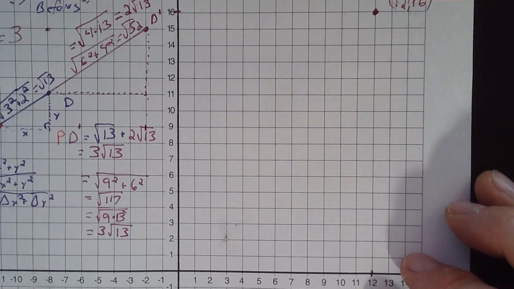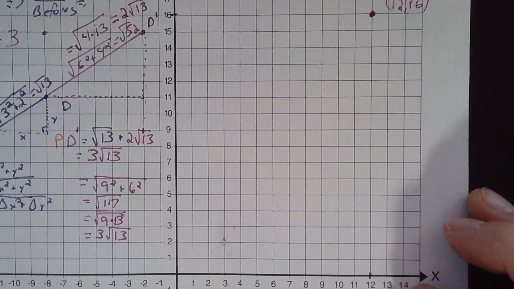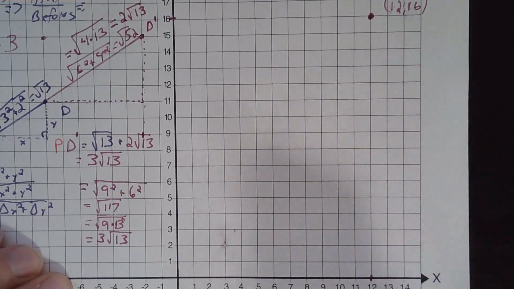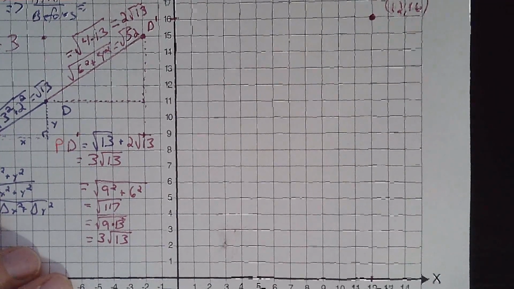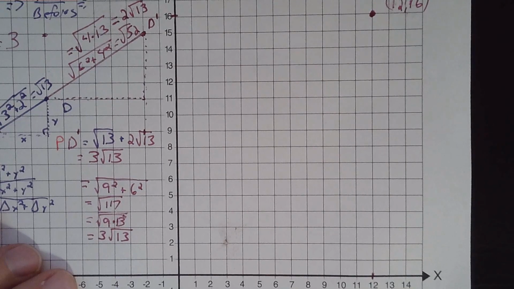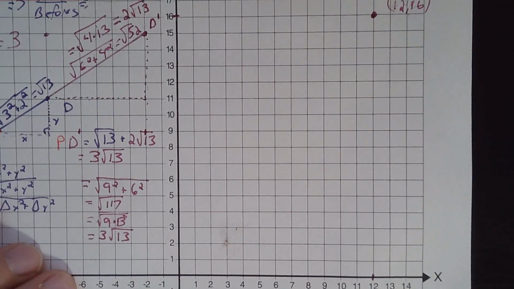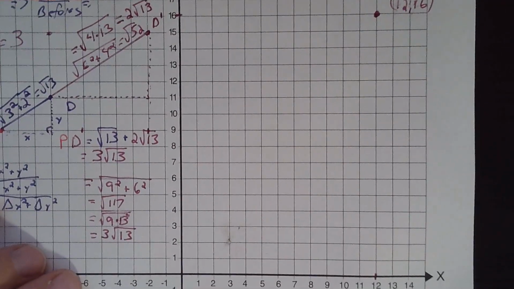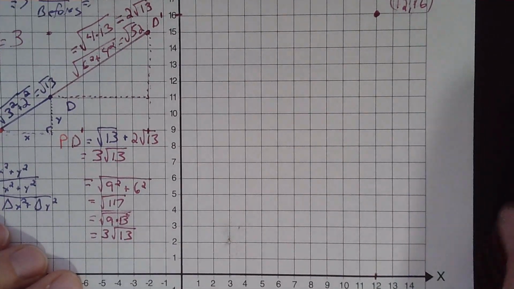Can you see it all? I think you can. All right, that's 12, 16. Now I'm going to show you what it looks like when someone is told to do a dilation with an algebraic expression.